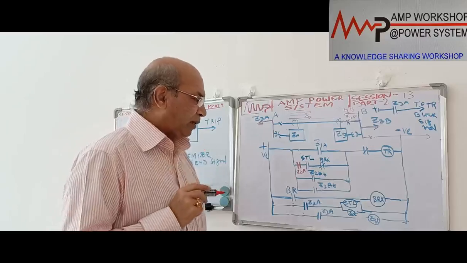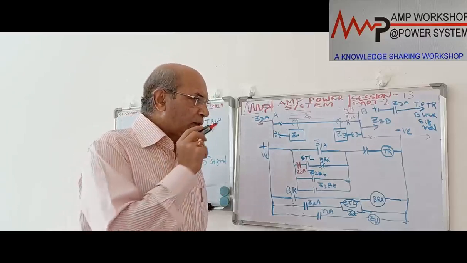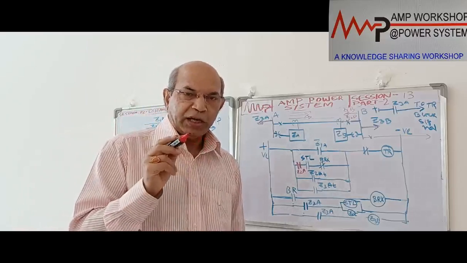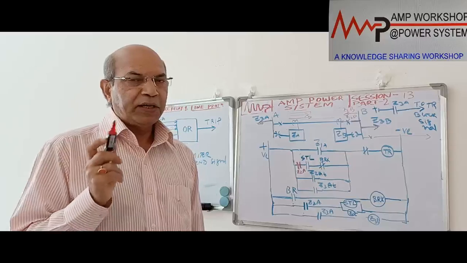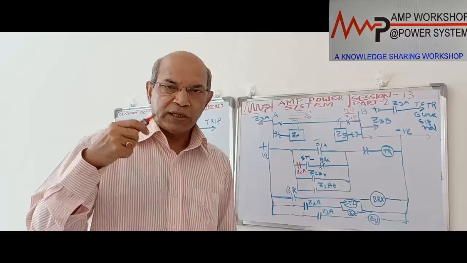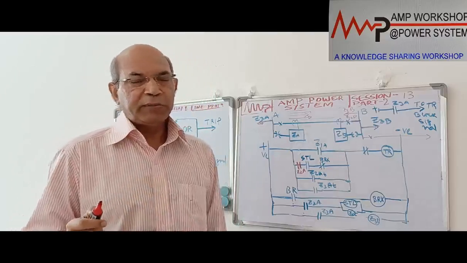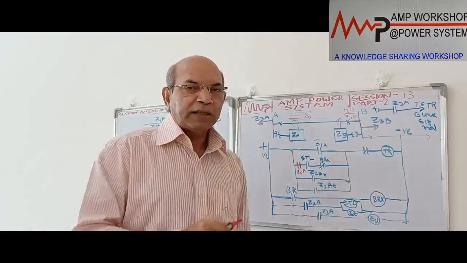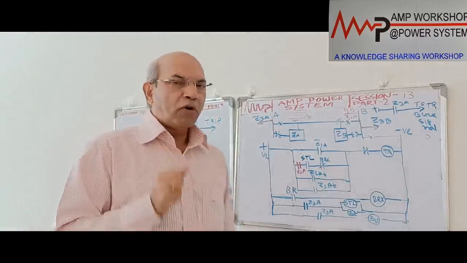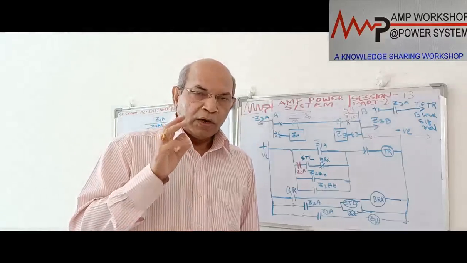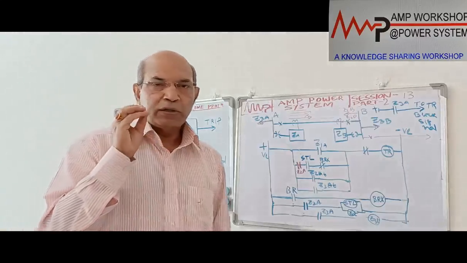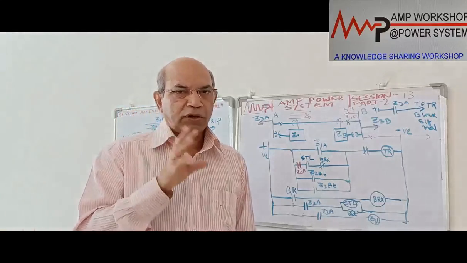The second part is, in the permissive scheme, we have said that either the Z1 element or the Z2 element issues a signal to the transmitter, then the transmitter sends a signal to the other end to clear the end zone fault. But in the case of the blocking scheme, the channel is continuously monitored; the channel monitoring signal is continuously present.